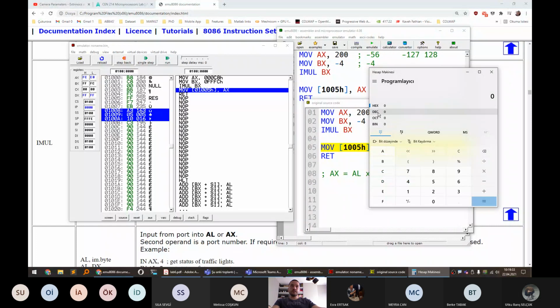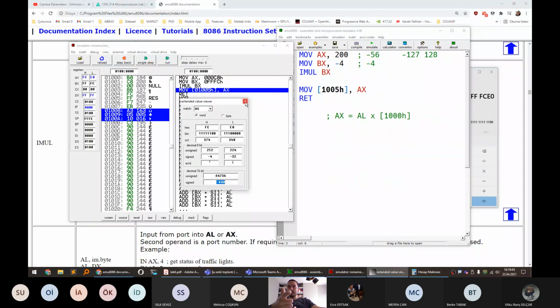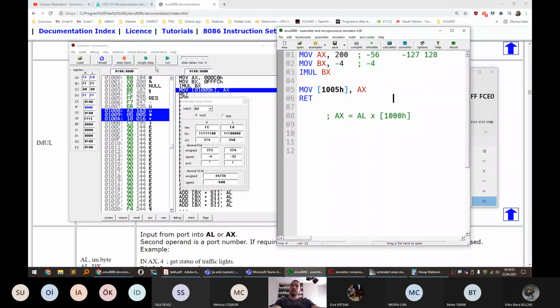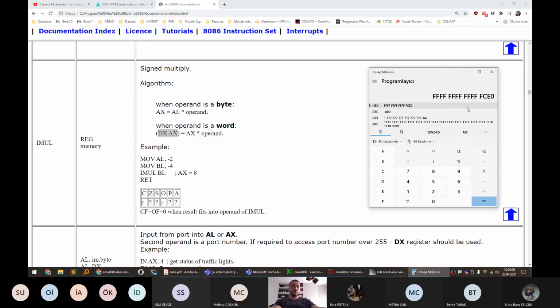Remember, -800 is FCE0. Actually, the result is FFFFFCE0. Remember, the multiplication done with a word operand will be stored in the DX-AX combination.